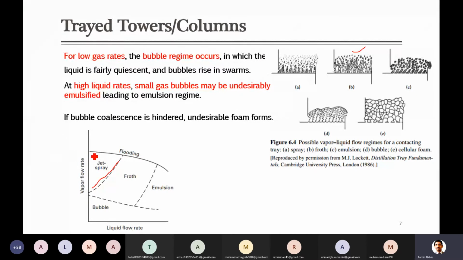When vapor flow rate is very high, as I mentioned while explaining jet or spray, liquid droplets are carried away towards the top of the column with the vapor, because the vapors are very high in number as well as in pressure. Liquid goes down due to gravity, but here the force on the liquid droplets is more than gravity, so they are carried away towards the top.